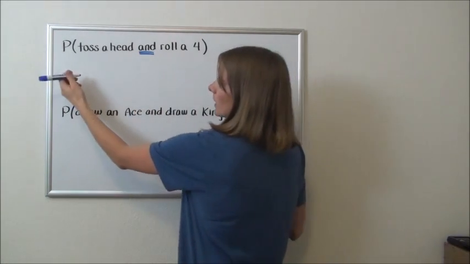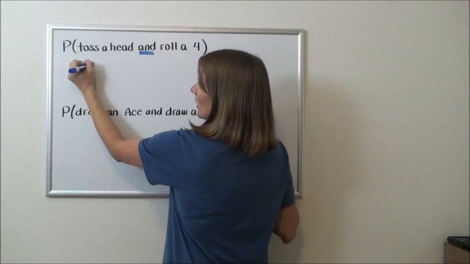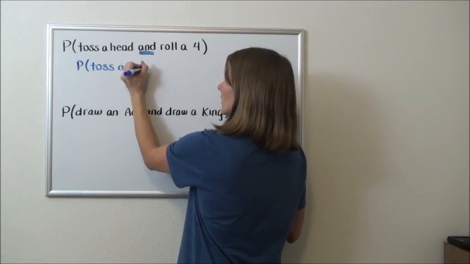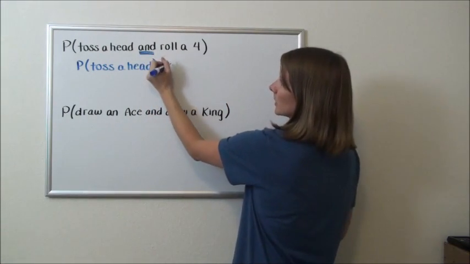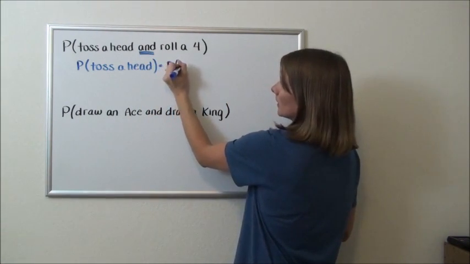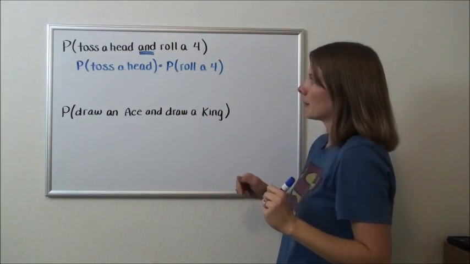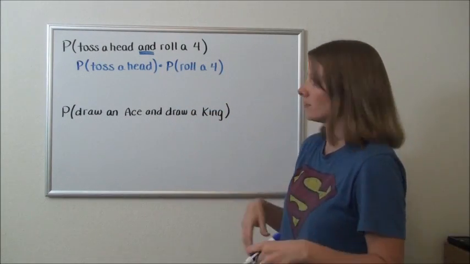And so this is just straight up turning into multiplication. So I take the probability that I toss a head, and I multiply that, remember and turns into multiplication, by the probability that I roll a 4 on the die. Again, tossing a head and rolling a 4, totally independent, one didn't affect the other.